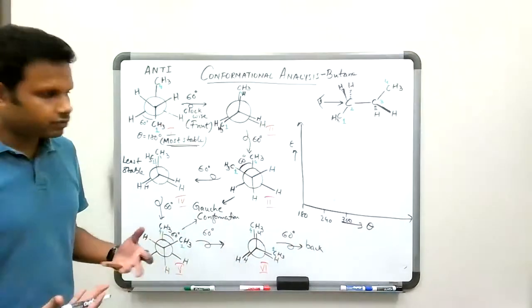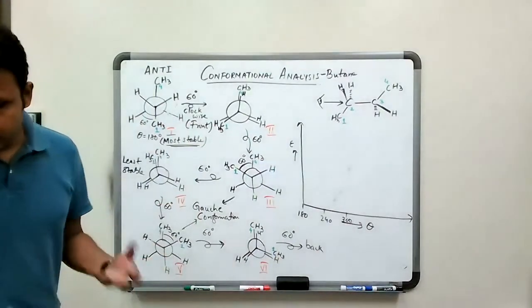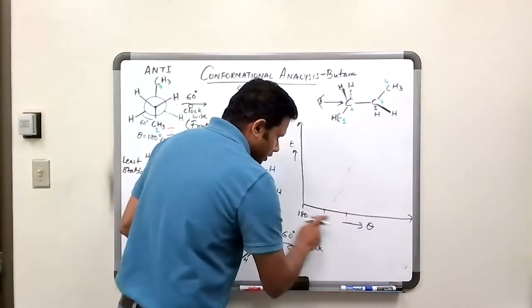Either way, whichever way you look at it, or you could go down from 180, you could go to 120 and then 60 and then 0. Either way is fine, whichever way you think about it.